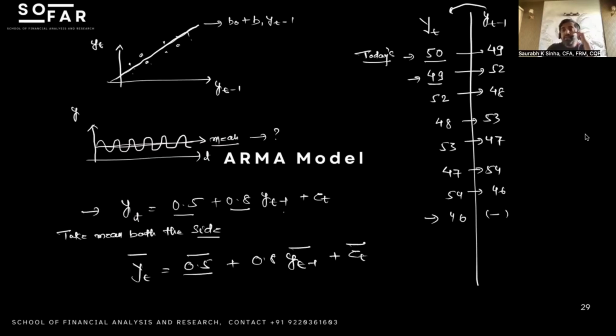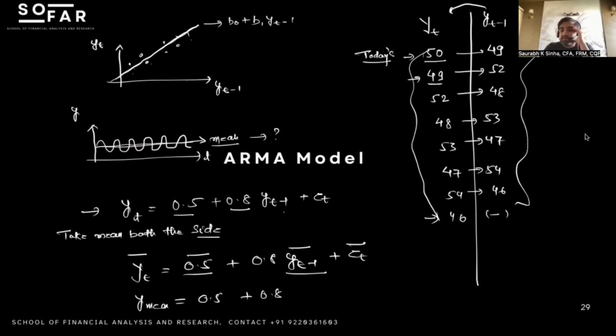What is the mean of a constant? It's the constant value itself. So y_t mean, this is now y mean, is equal to 0.5 + 0.8 times y_(t-1) mean. What is y_t mean and what is y_(t-1) mean here?